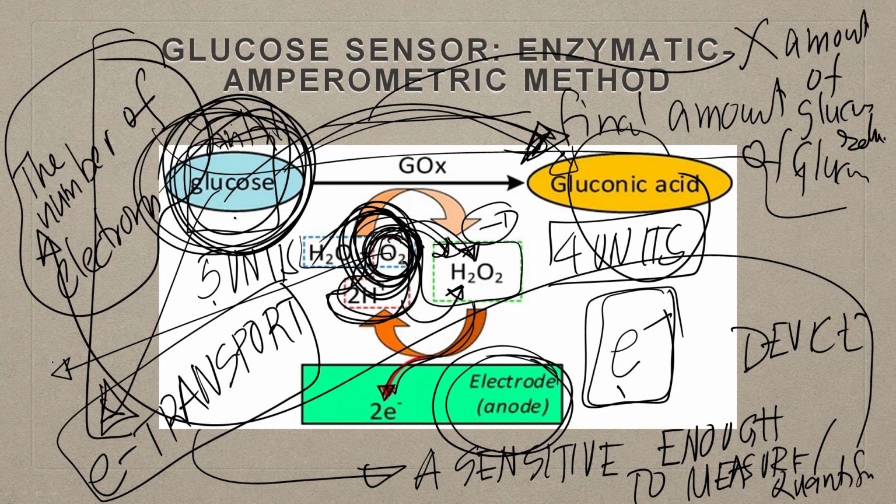There will be a reduction in the oxygen content, which means that for the electroactive species they are measuring, there will be either a reduction or an increase. Based on that, one can measure how much glucose is getting converted. This is the fundamental basics of it. On the face of it, it looks very simple, but it is not that simple, and we will come to why it is not.